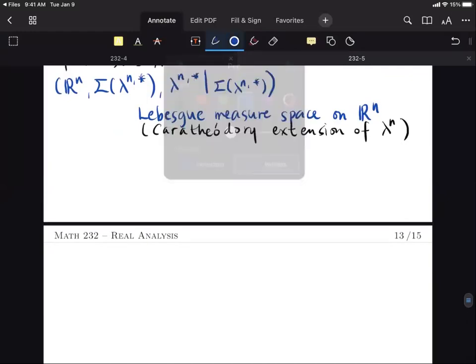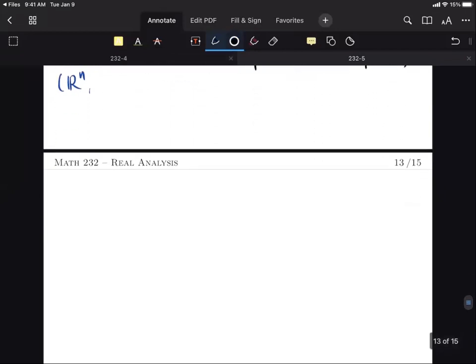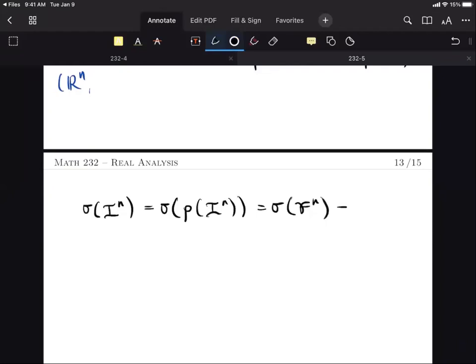And similarly, if you take Rn, okay, before we proceed, let us look at the sigma algebra. So what is the sigma algebra of the cells? We said that this is the same as the sigma algebra of the ring generated by the cells. And this is the same as the sigma algebra generated by the figures. But as we know from earlier discussions, the sigma algebra generated by the cells is nothing but the Borel sigma algebra.